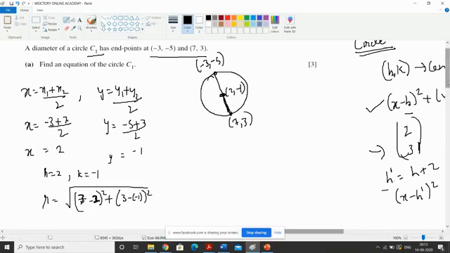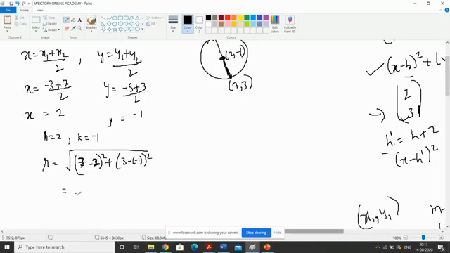So that will give you 5 square plus 4 square. 5 square is 25, 4 square is 16. So that will give you 41.